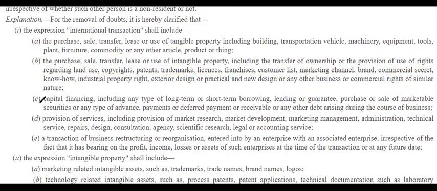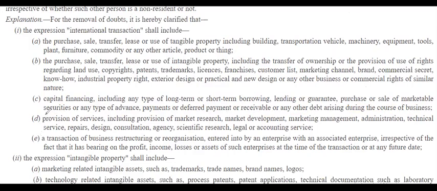International transaction includes capital financing, including any type of long-term, short-term borrowing, lending, guarantee, purchase, sale of marketable securities, or any type of advance payment or deferred payment, receivable or any other debt arising during the course of business.